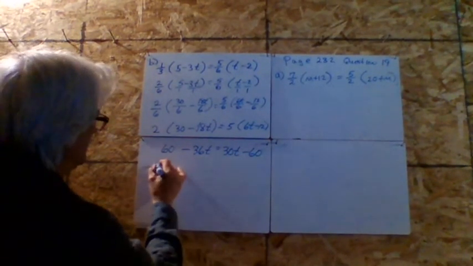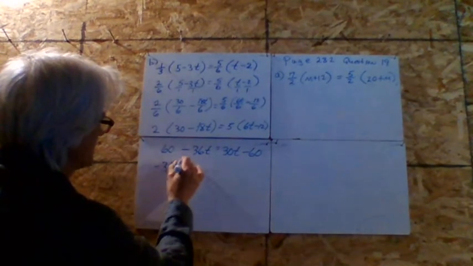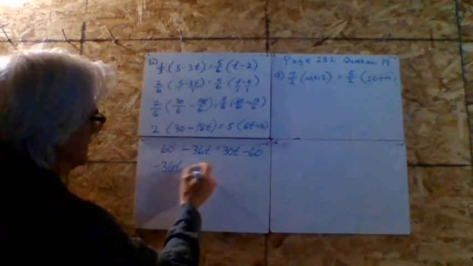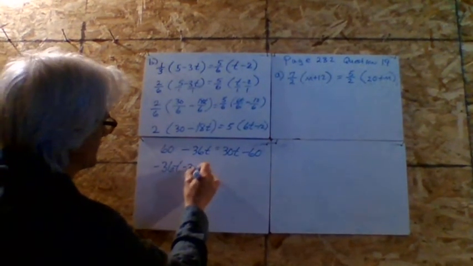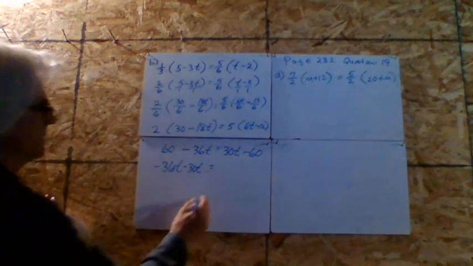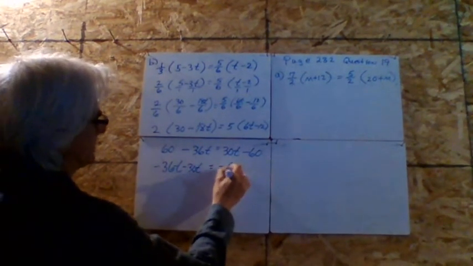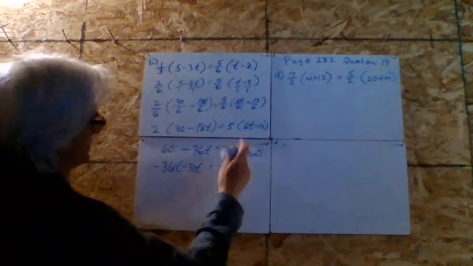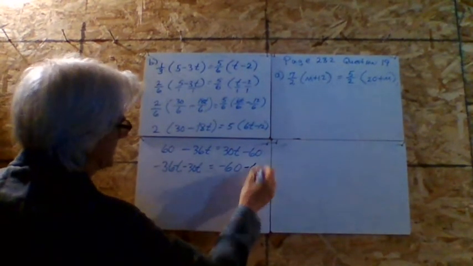So I'm going to have negative 36t minus 30t equals, I've got a negative 60, bringing this 60 over, minus 60.